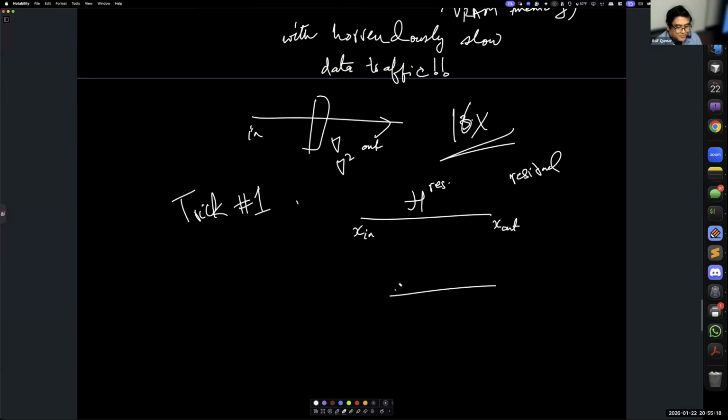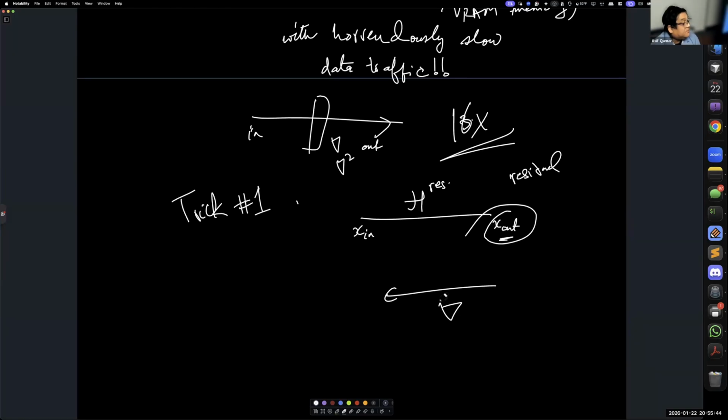When I'm doing the back prop, I need the output also to be able to propagate the gradients back and compute the gradients. If I don't store it, it means in the back prop, I'll have to do the forward pass and then be able to do back props in that layer, isn't it? I would have to compute this and then do this. But they say that is fine.